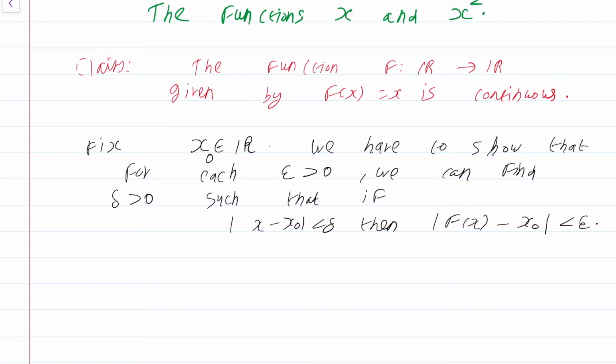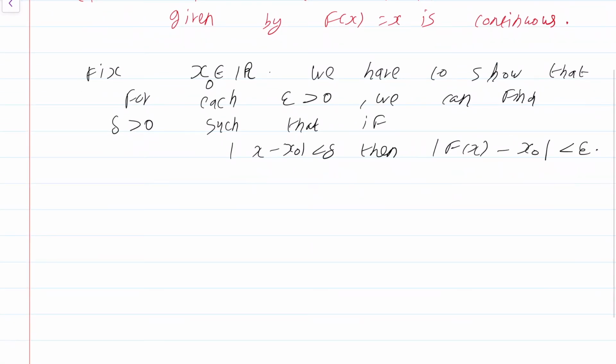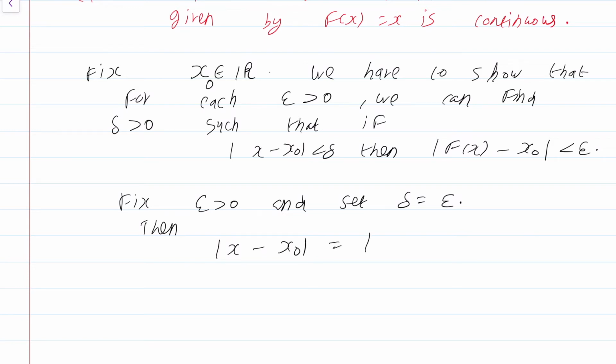Now fix epsilon greater than 0 and set delta equal to epsilon. Okay, then mod x minus x naught is equal to mod f of x minus f of x naught, and this quantity is less than delta, which is equal to epsilon.